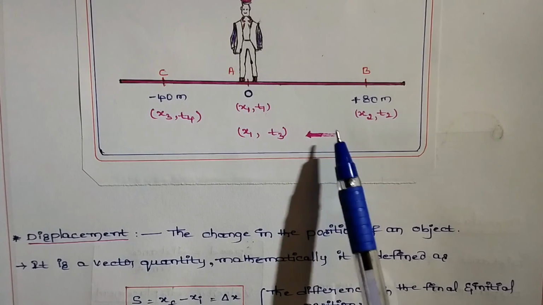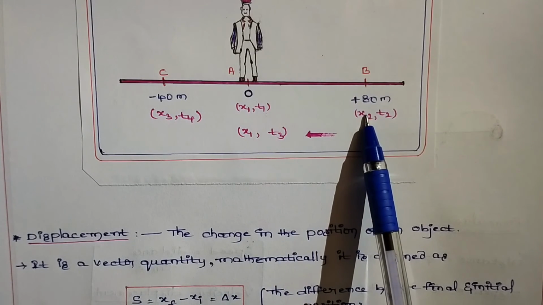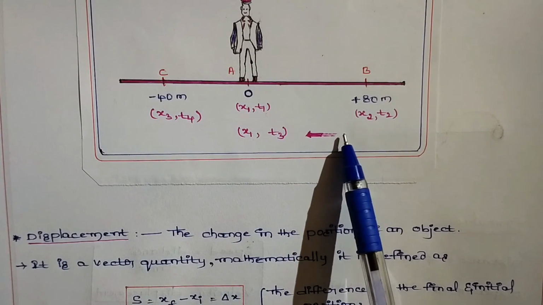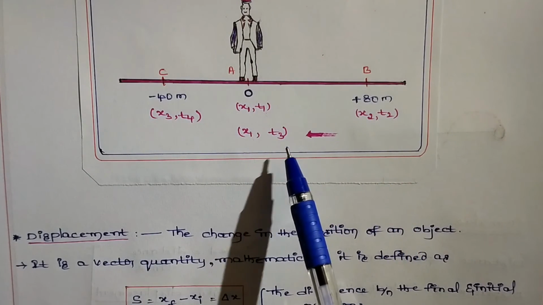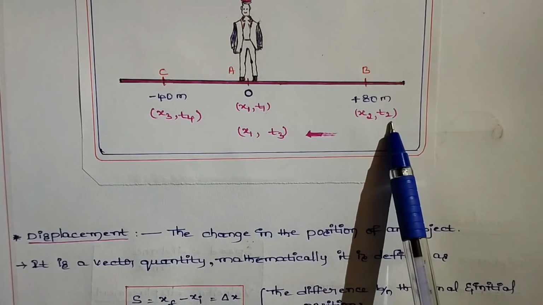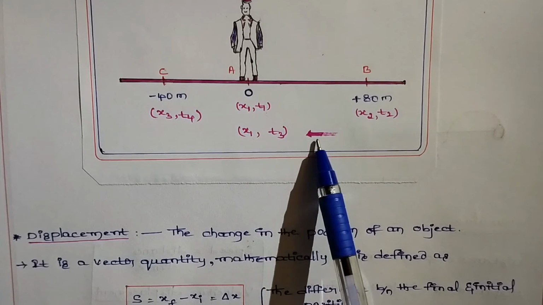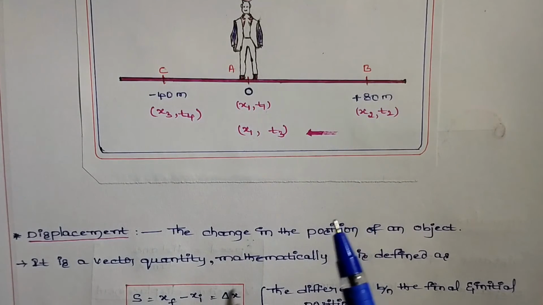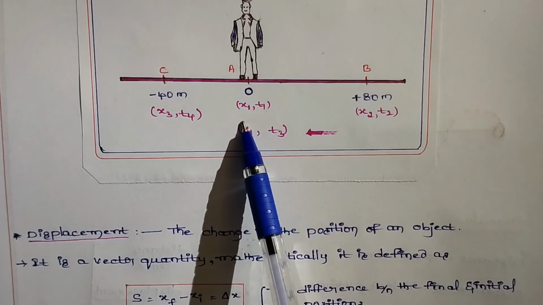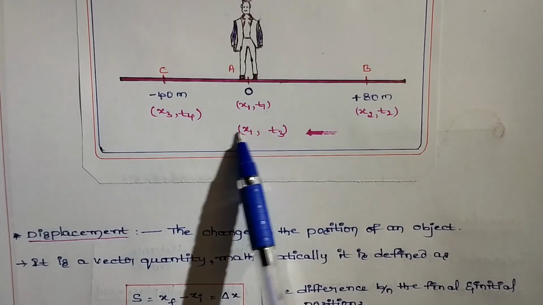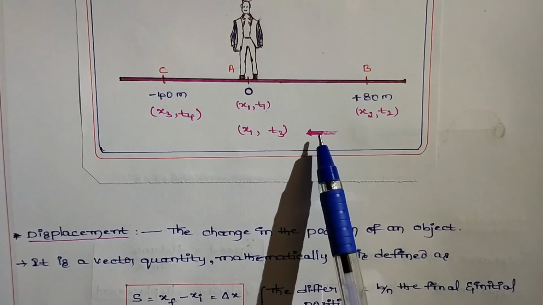So it is 0 minus 80. So we will get minus 80 meters, in time T3 minus T2. The magnitude here is 80 meters, and the negative sign indicates that it is directed towards the negative x-axis, that the boy is going.